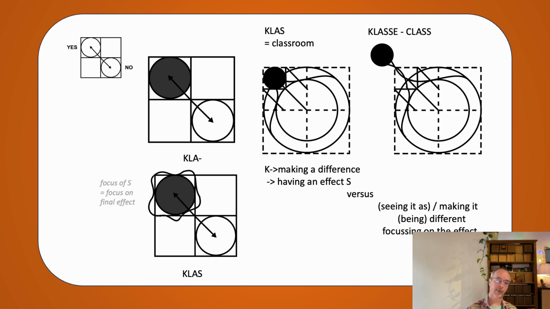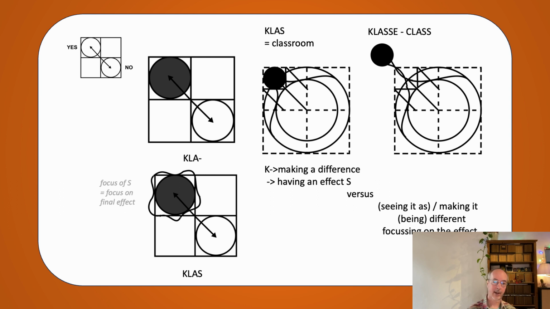and we also have the word class without a room, class with a double S. In Dutch it's also a difference between klas and klasse, with one S and double S. This double S has also another effect, so this S means an effect. So something in a room or in a space or as a frame that has a distinction, that's the class or classroom.